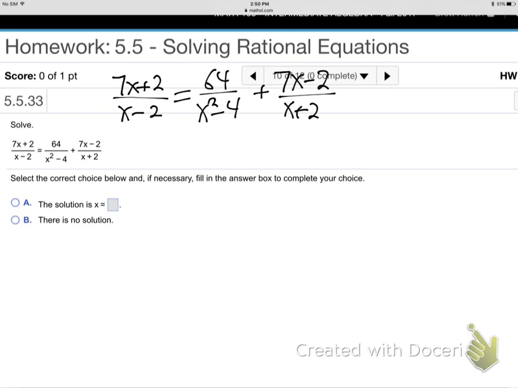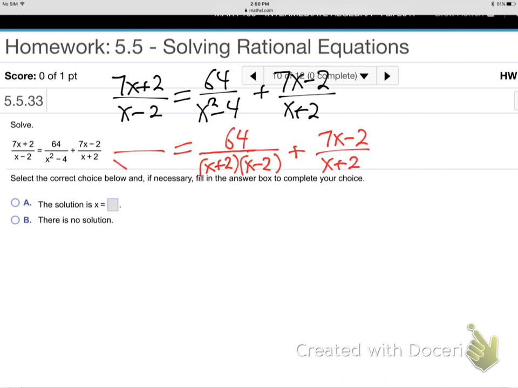So that denominator in the middle factors, right? You good to there?